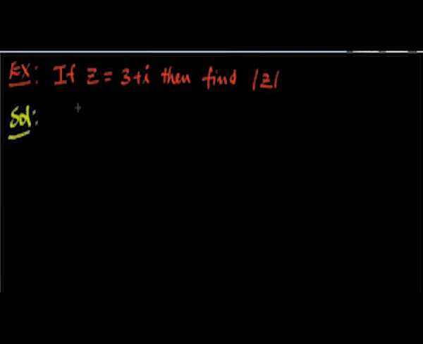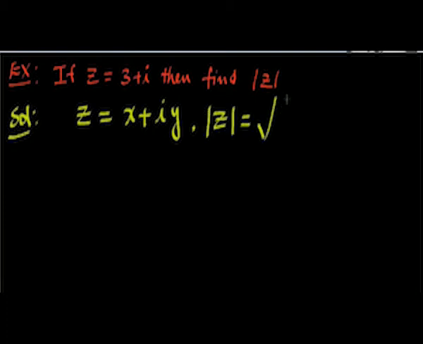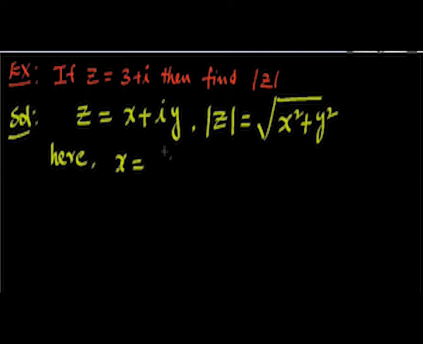Now consider this given complex number with the standard form. Let us take any complex number x plus iy, and for this the mod will be under root x square plus y square. So comparing the given complex number with the standard form x plus iy, here the x value will be 3 and y will be 1.